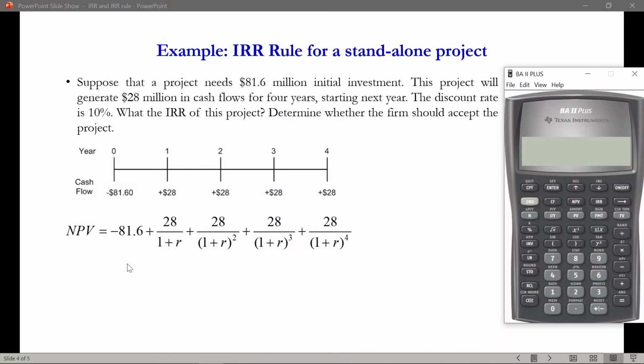If I solve for r in this equation, given that NPV is 0, I can calculate IRR. But as I already said, it's usually difficult to solve for IRR. So we need to use our financial calculator.